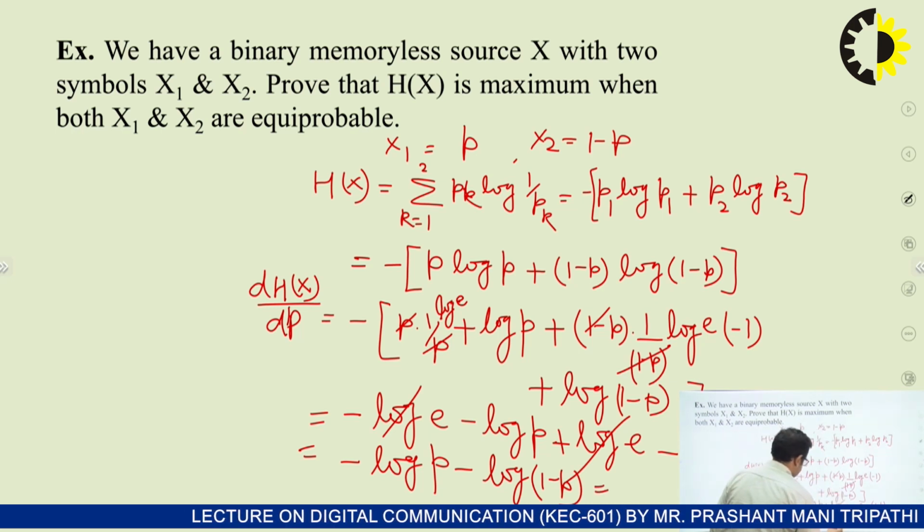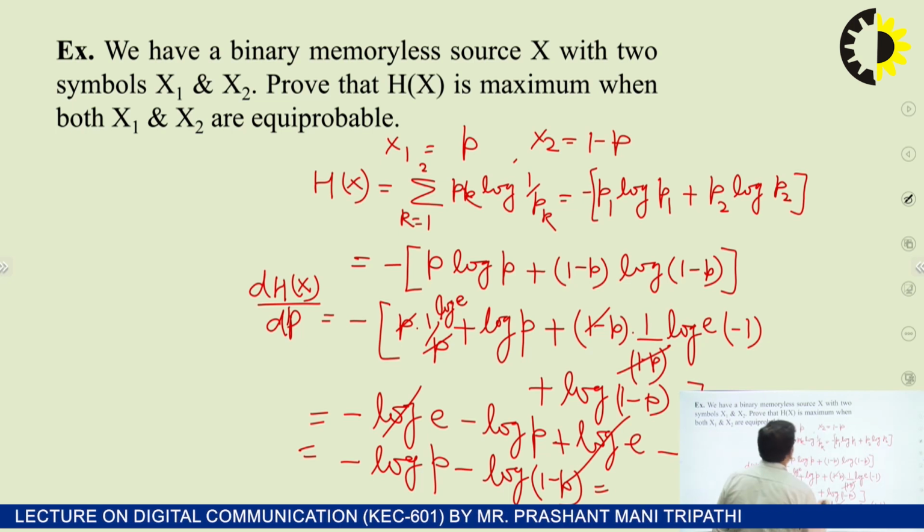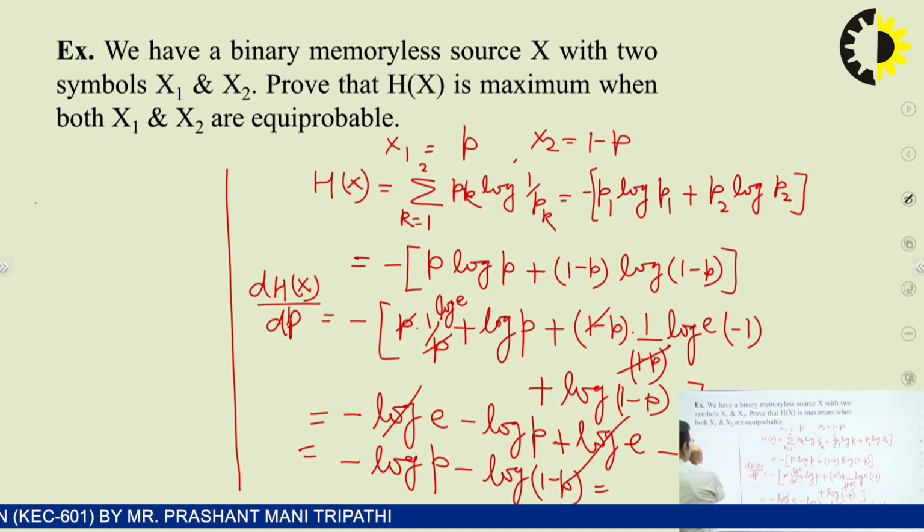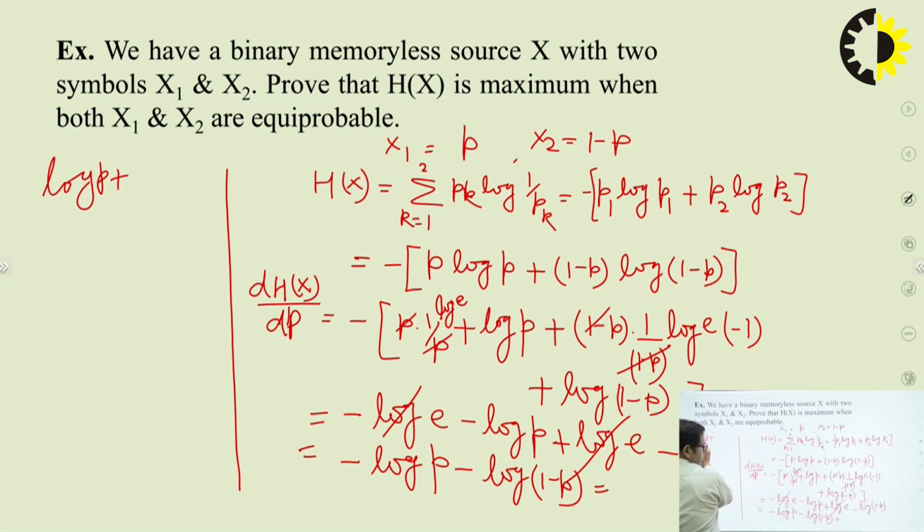This can be written as log P, and here we have one more minus, so it will be minus log P plus log (1 minus P) equals 0.